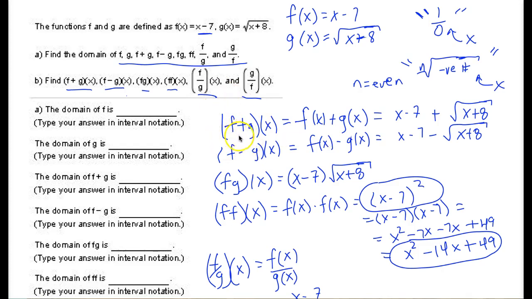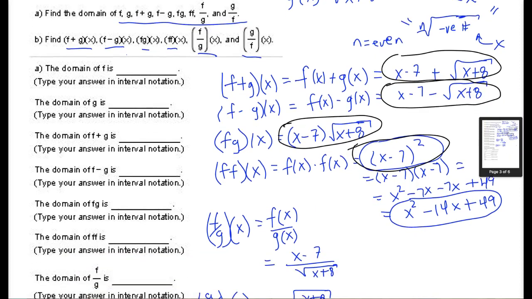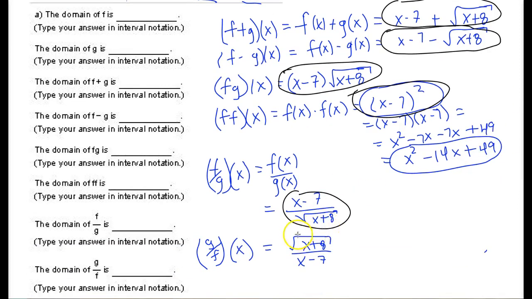So for f plus g, it's right here. And f minus g, also right here. And f times g, right here. And f times f, right here. And for the last two, let me scroll down, it would be here. And for this one would be here.